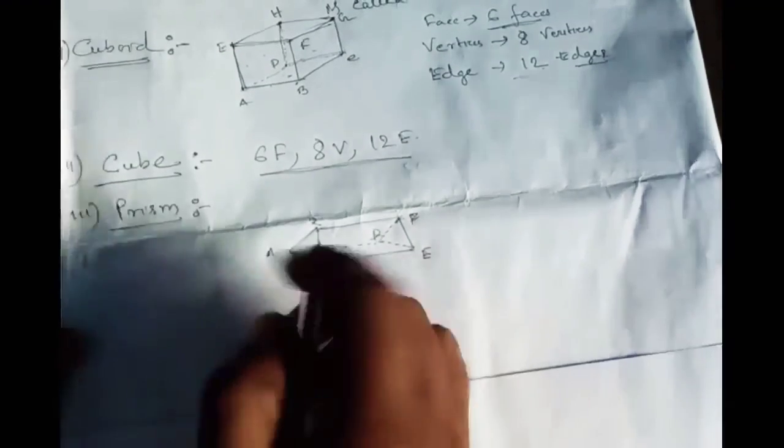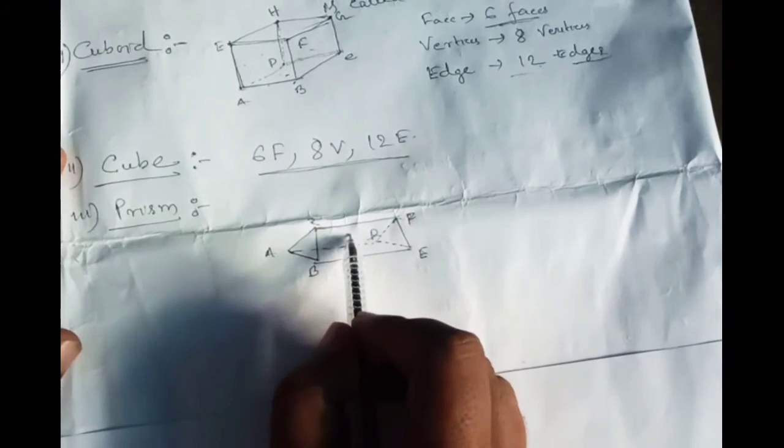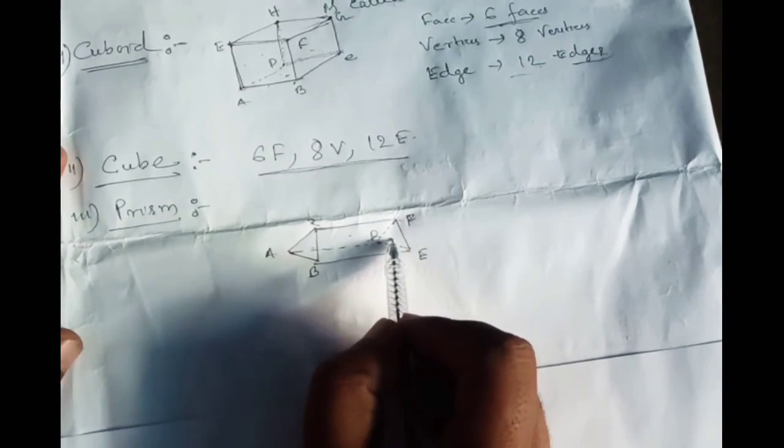Flat faces, how many flat faces does it have? 1, 2, 3, 4, 5. Okay.